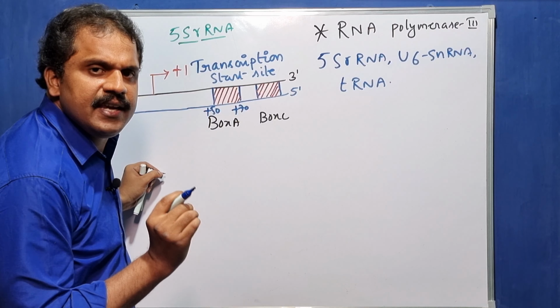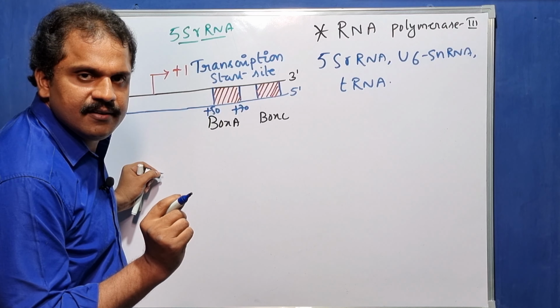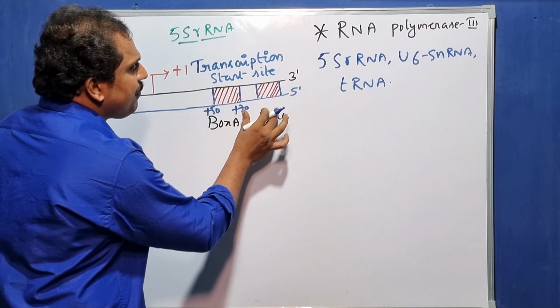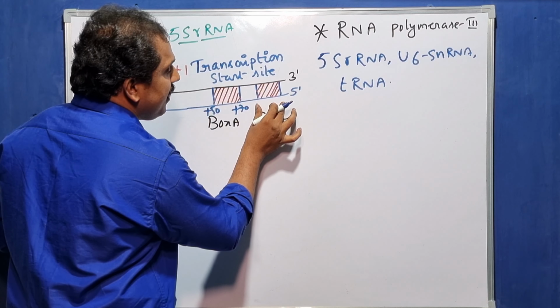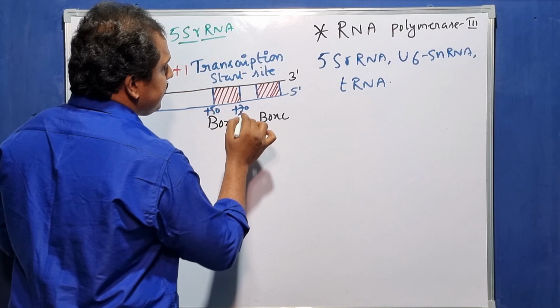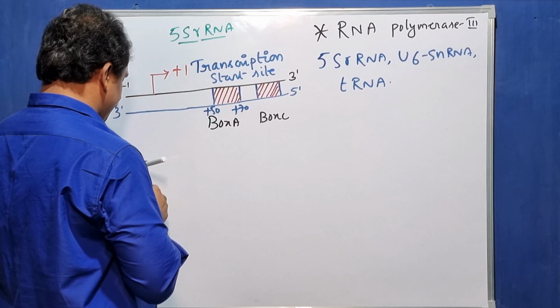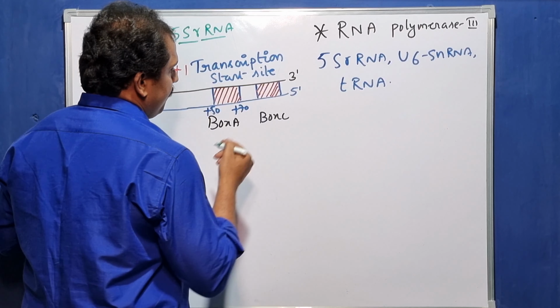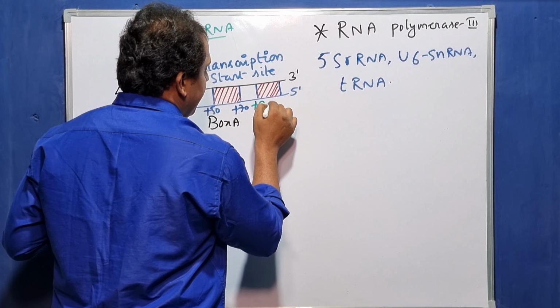That is the reason why plus is denoted here. Is it clear? And box C is located around 80 nucleotides and 90 nucleotides far away from the transcription start site. Plus 80 and plus 90.